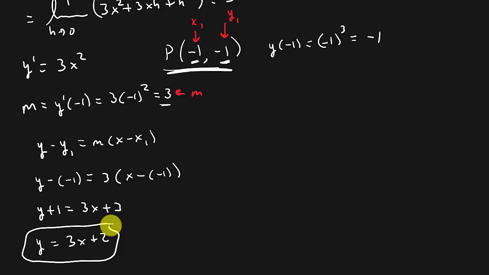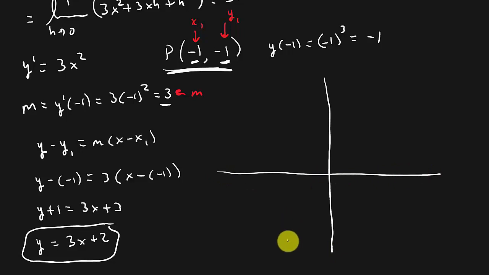All right. So I hope that made sense. So let's kind of take a look at what this looks like. So if you look at the graph, okay, the graph is going to look something like this. This is the graph of y equals x cubed, and -1 is about right here.